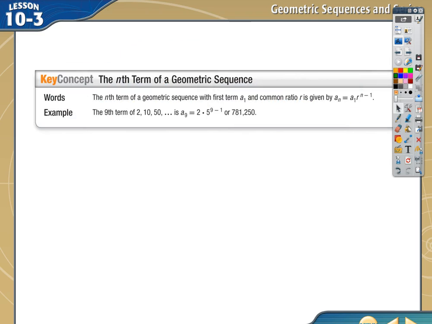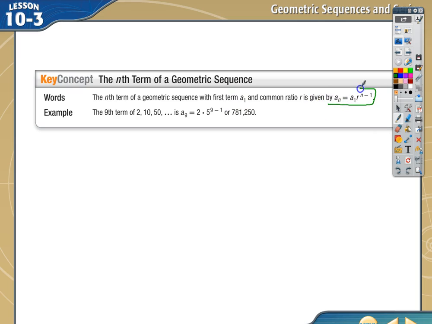So much like we had a way of talking about explicit and recursive forms of an arithmetic sequence, there are ways to express explicit and recursive forms of a geometric sequence. So finding the nth term is usually the way.